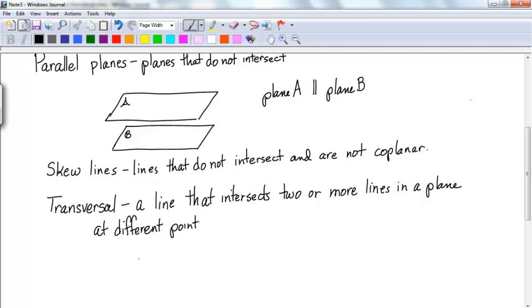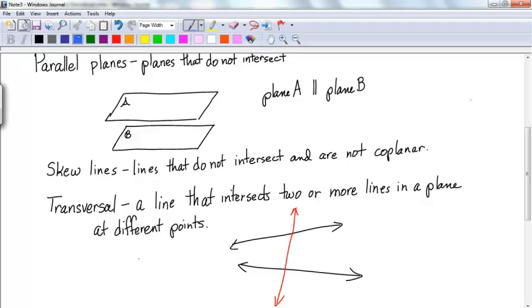A transversal is a line that intersects two or more lines in a plane at different points. Example, if I have this line and this line, then this red one would be considered a transversal. It intersects those two lines at different points.